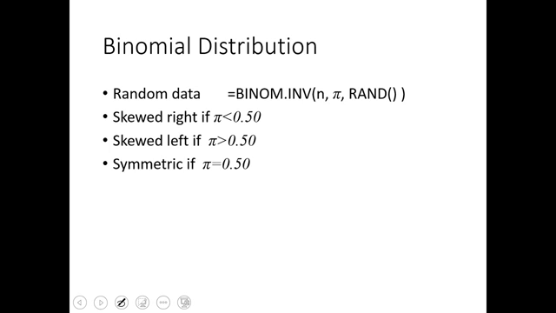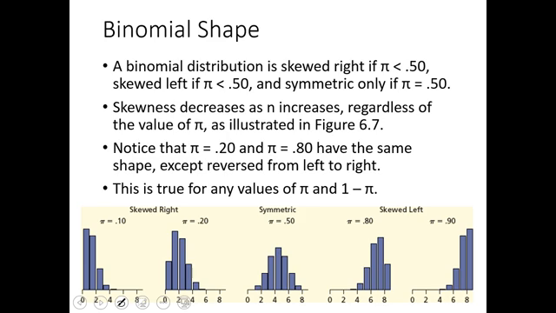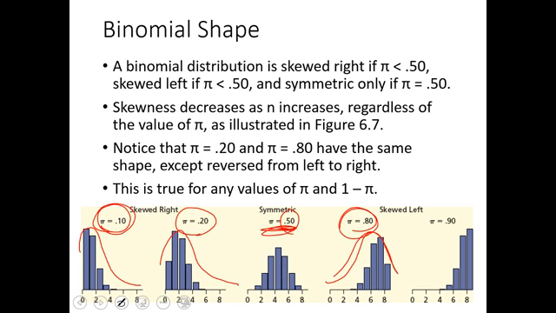The shape of the binomial distribution is like this. If pi is less than 0.5, then the shape of the distribution is skewed right. If pi is bigger than 0.5, for example 0.8 or 0.9, then the distribution is skewed left.